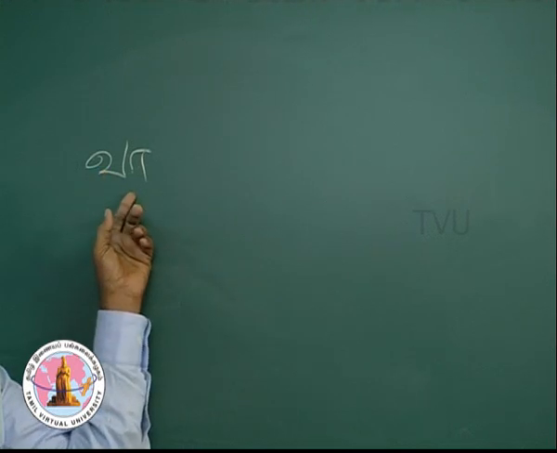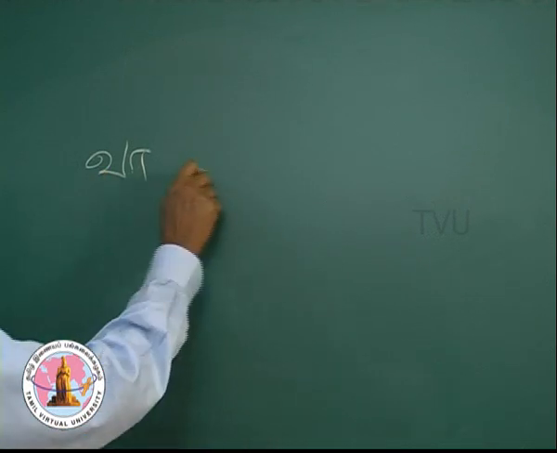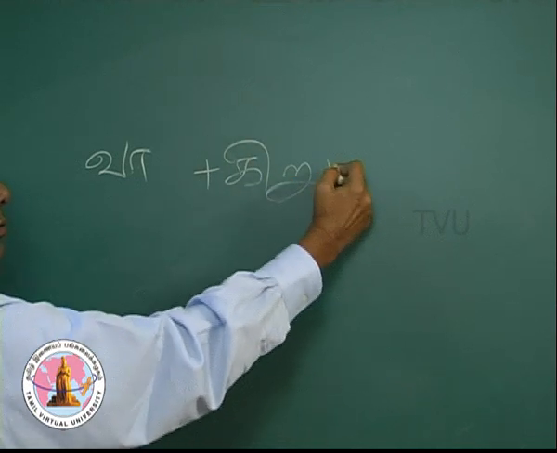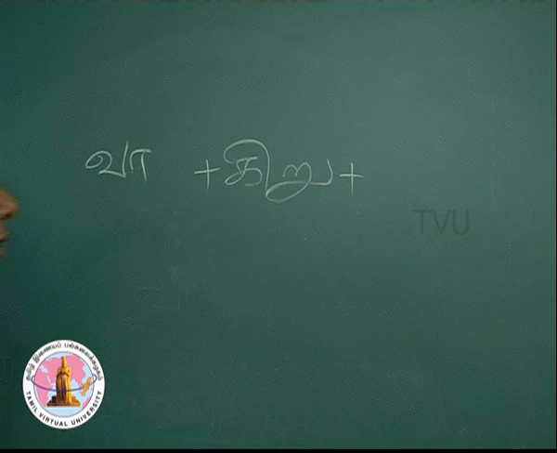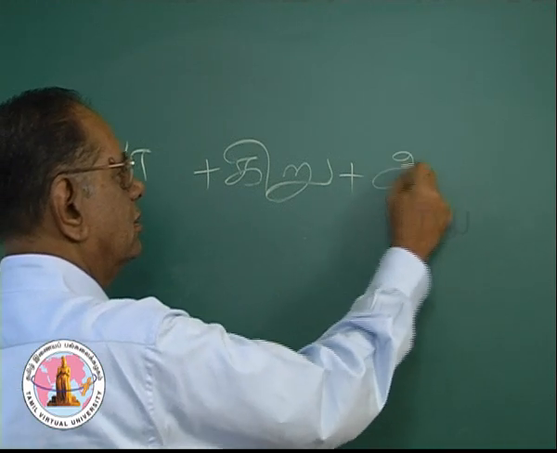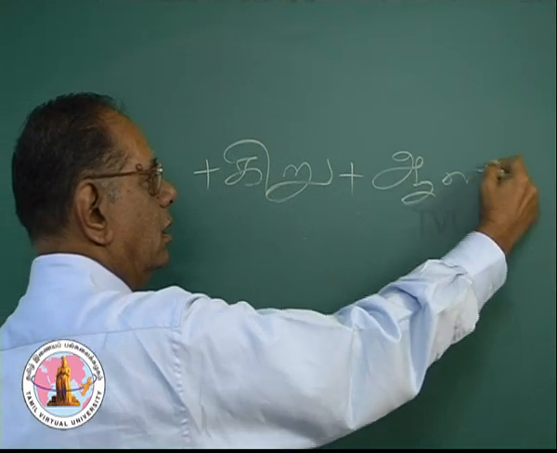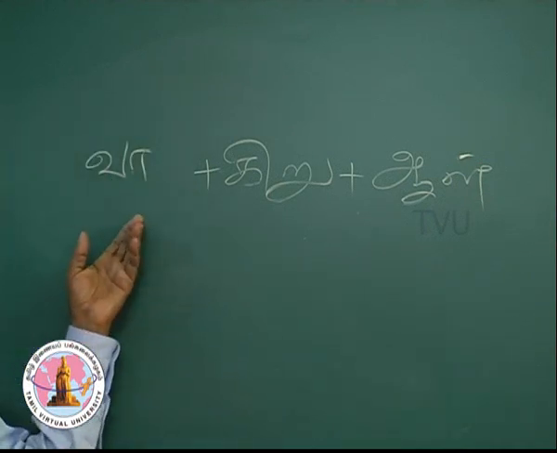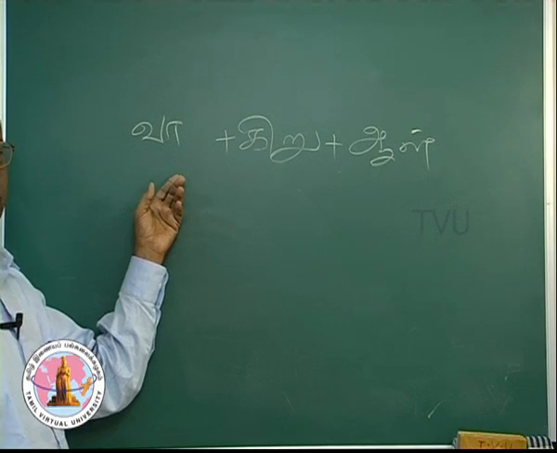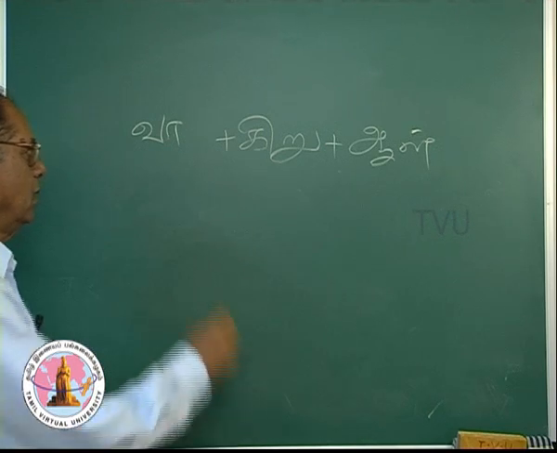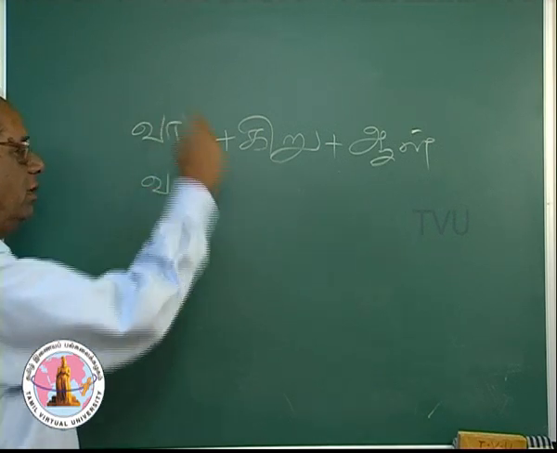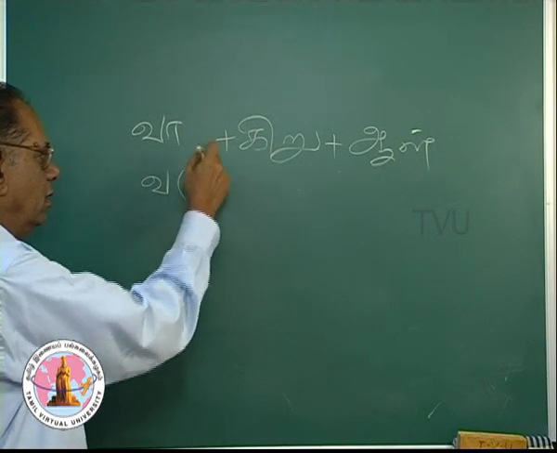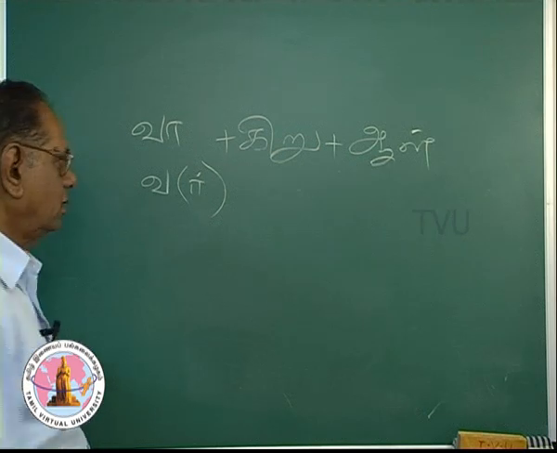This is va. Naturally, you add the tense marker and you put any suffix. What happens to this verb? It undergoes some change. You remember? First of all, it becomes va. It takes a consonant for easy pronunciation.